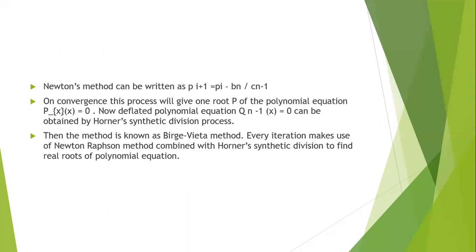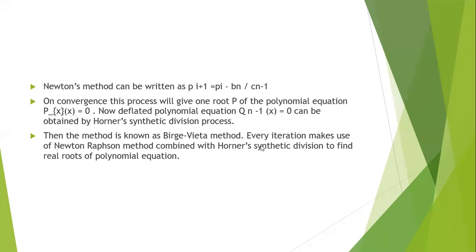On convergence, this process will give one root p of the polynomial equation, that is P(x) equal to 0. Now the deflated polynomial equation Q(n minus 1)(x) equal to 0 can be obtained by the synthetic division process, Horner's synthetic division method, and this method is called the Birge Vieta method.